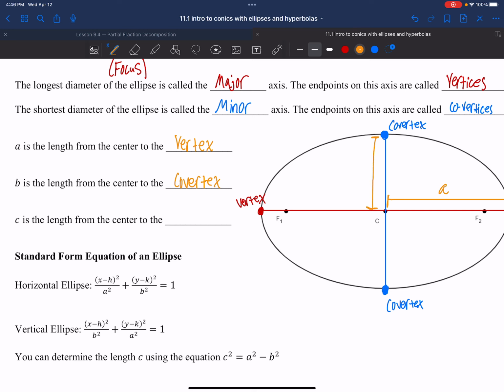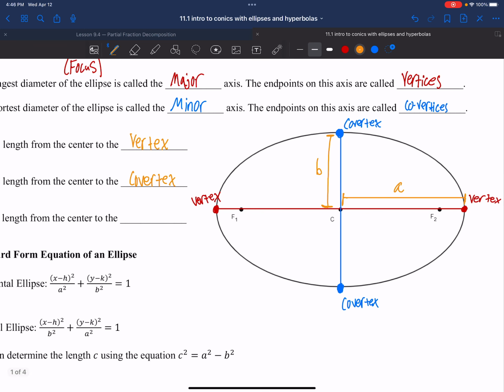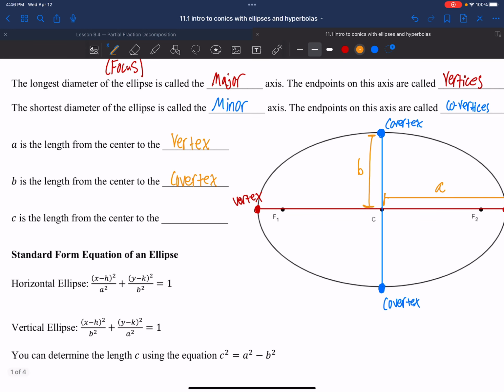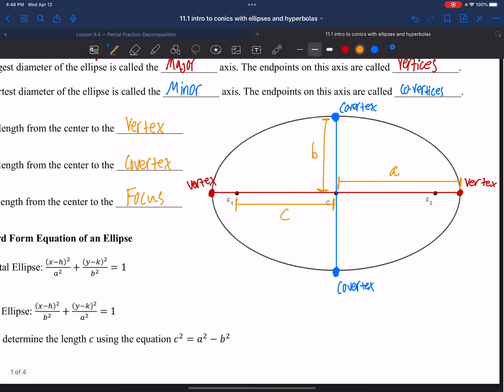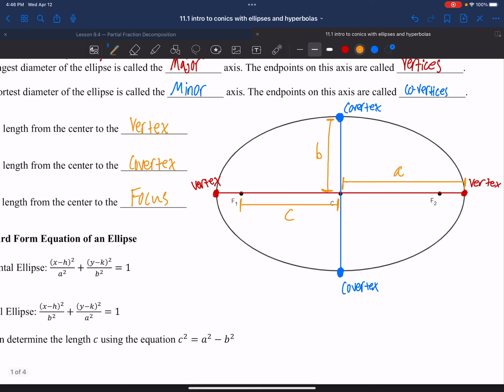Like so, that length is B. And then finally, C is the length from the center to, can you guess, the focus. So this length from the center to the focus, like so, that length is C. I hope that makes that clear. All right.